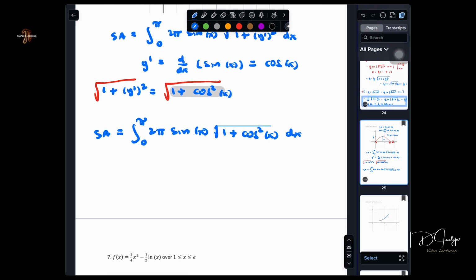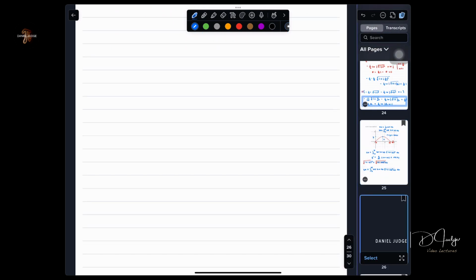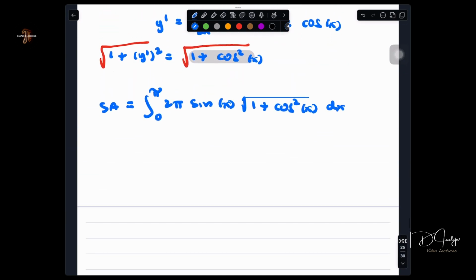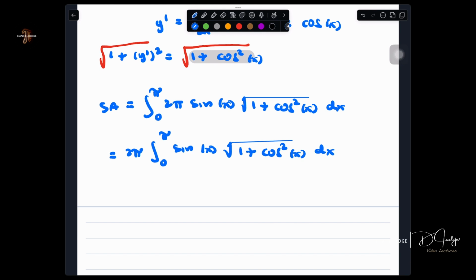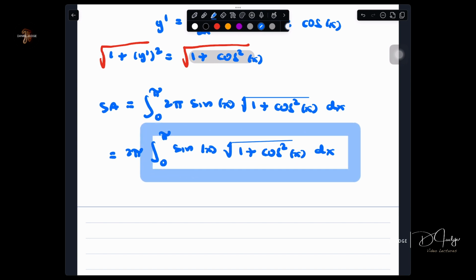All right. So pulling out the constant 2 pi, you have sine square root 1 plus cosine squared dx.